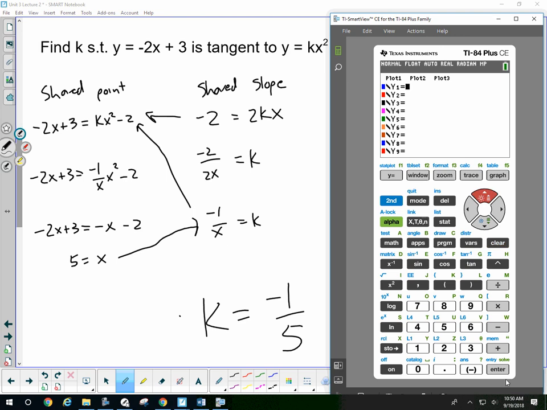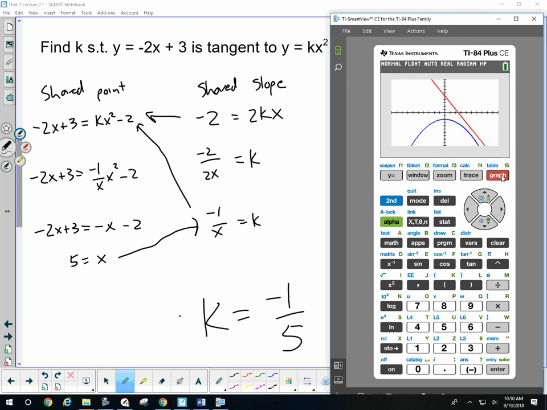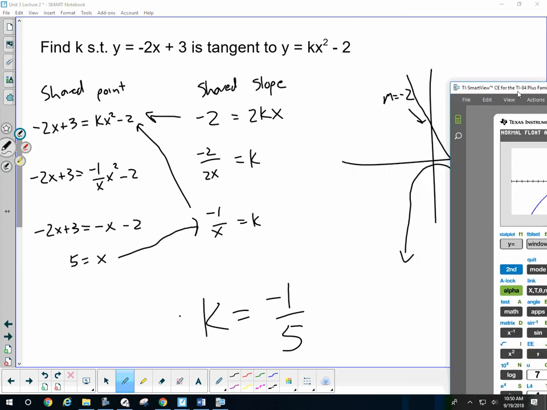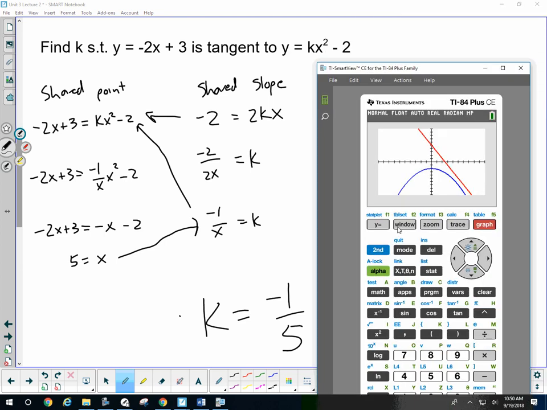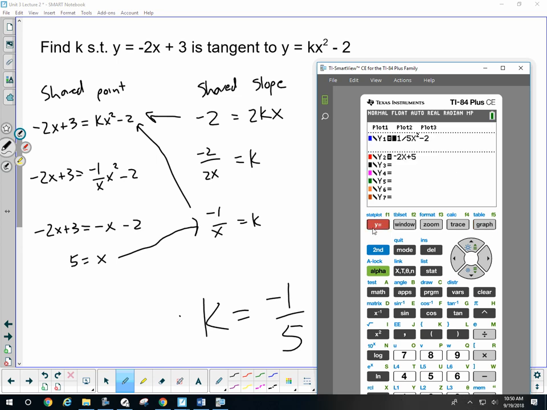So if k is negative 1/5, and we have x squared minus 2, will the line negative 2x plus 3 be tangent to that graph at a location? I feel like I'm off a little bit, because it should be at 5. 1, 2, 3, 4, 5. Did I type everything in correctly?